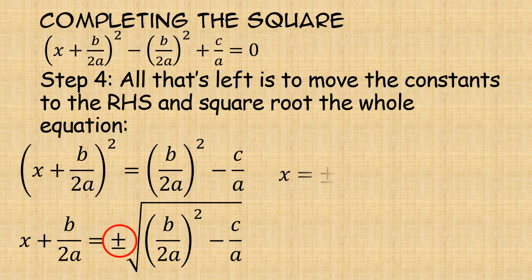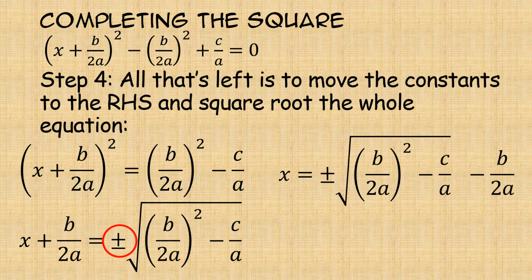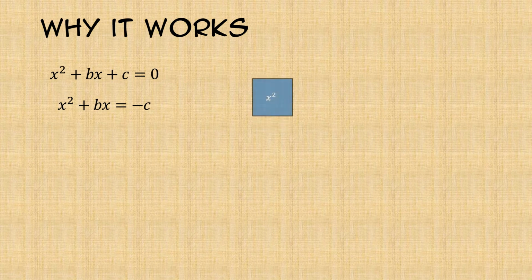This may all look like mathematical hocus pocus to you, so here's a diagram for you to visualize why this works. For simplicity of notation, we are just going to consider the equation x squared plus bx plus c equals 0, because you can get the solution for ax squared plus bx plus c equals 0 simply by dividing through by a. First, we rearrange our equation to get all the unknowns on one side. x squared plus bx equals negative c.